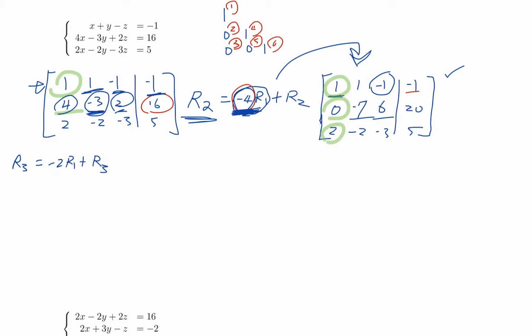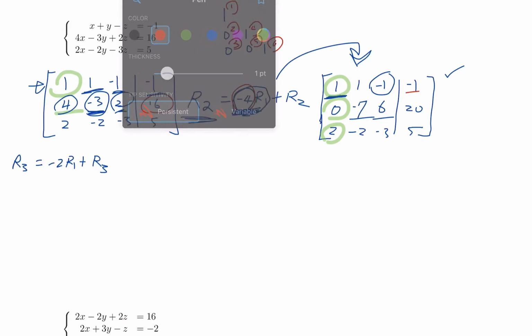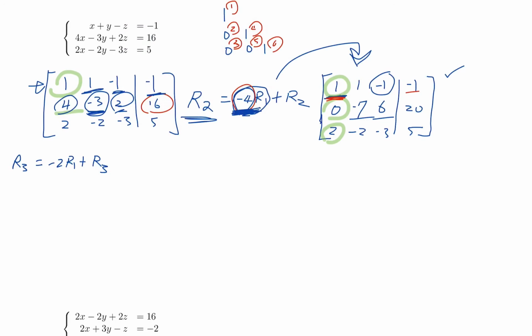Because if I multiply negative 2 here to 1 and add across, this will be 0, right? So let's write that. Again, row 1 stays the same, so I'm going to copy it from previous step. Row 2 also stays the same. Now row 3, this will be 0.